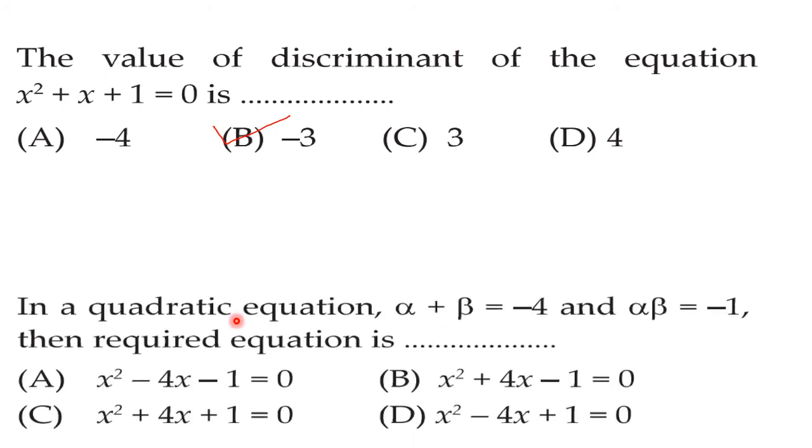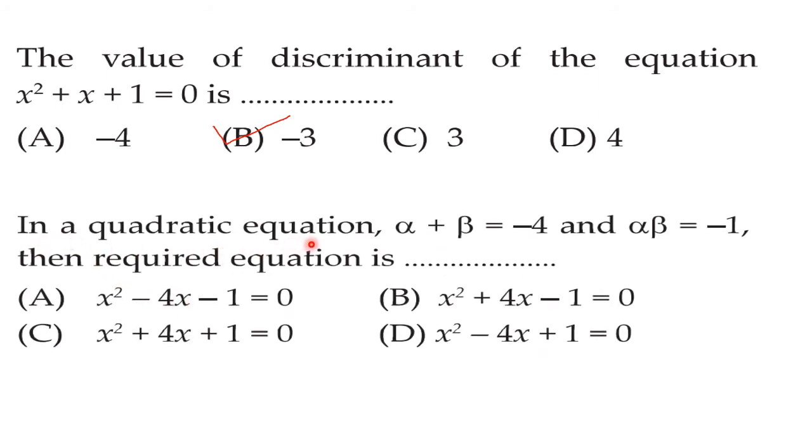Let's go ahead. In a quadratic equation, alpha plus beta is equal to minus 4 and alpha beta is equal to minus 1. Then the required equation is. Okay, so here you have to just recall the topic to obtain the equation.